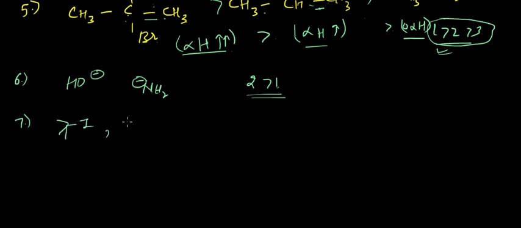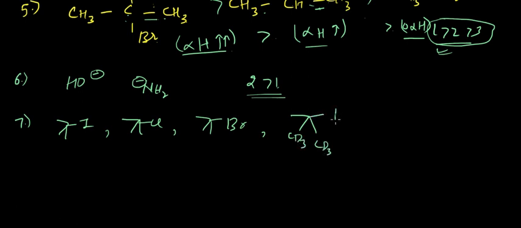We have something like this. Let's say we have Cl here, Br here, and CD3 and Br.